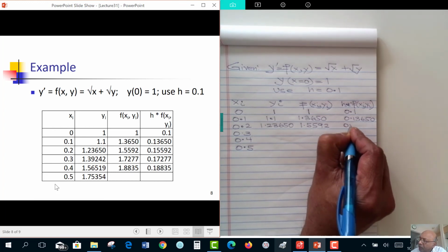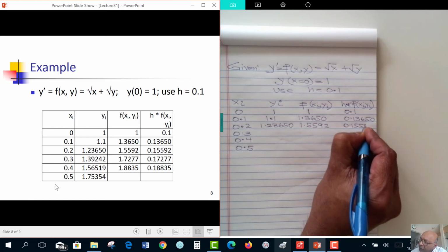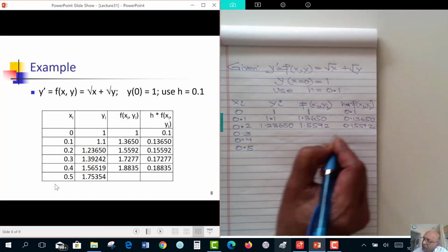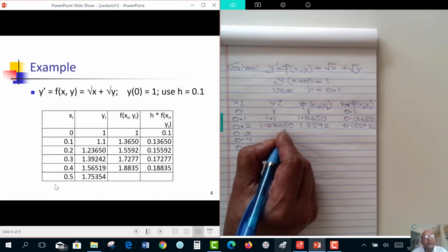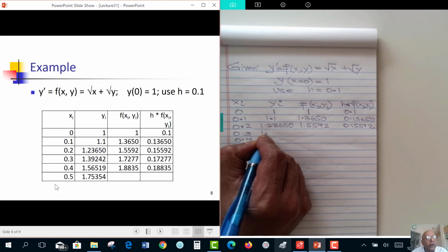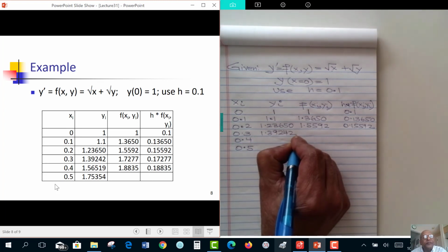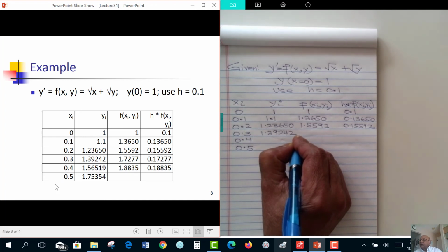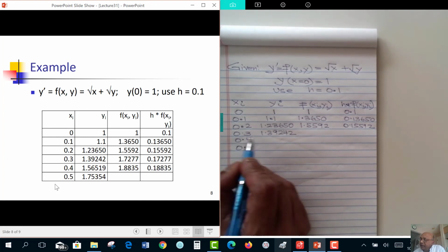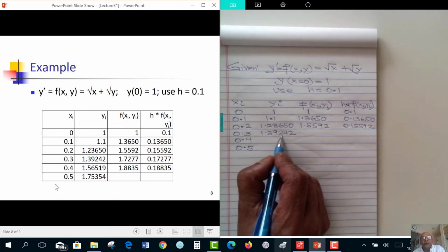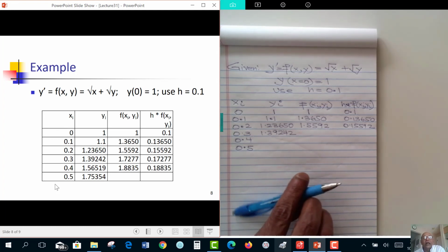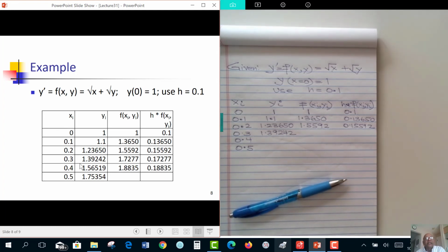That'll become 0.15592. We add it to 1.2365. We'll get 1.39242. So again, do square root of 0.3 plus square root of 1.39242 and carry on the calculations and see if you match my rest of the table. Okay.